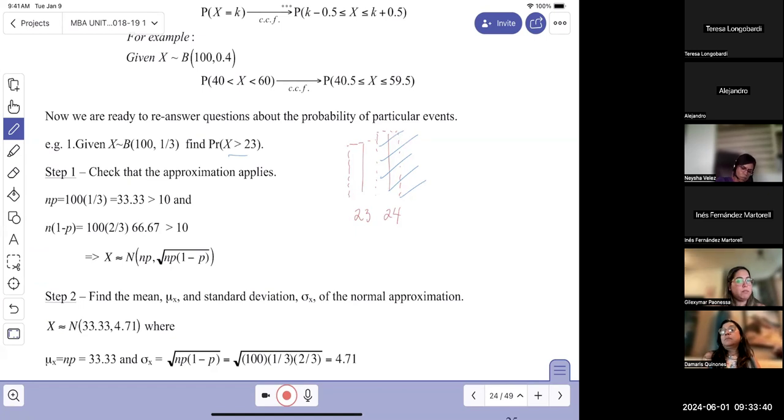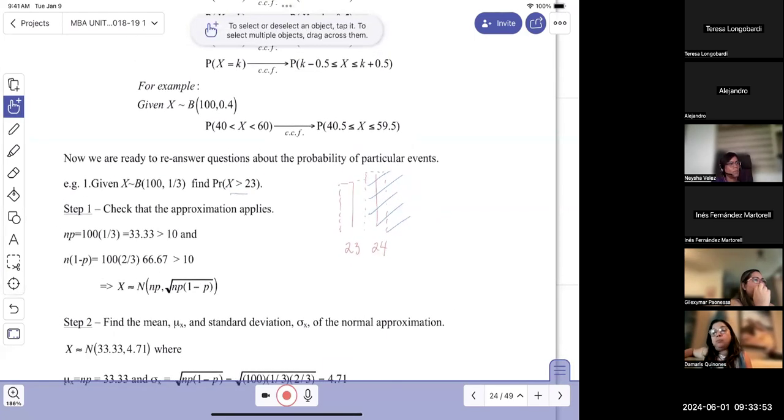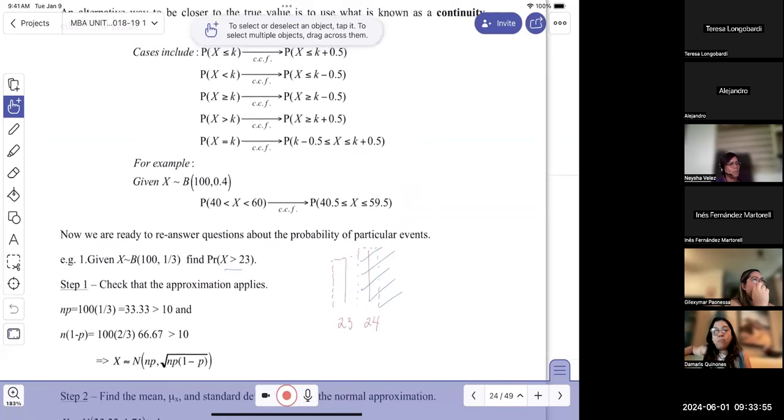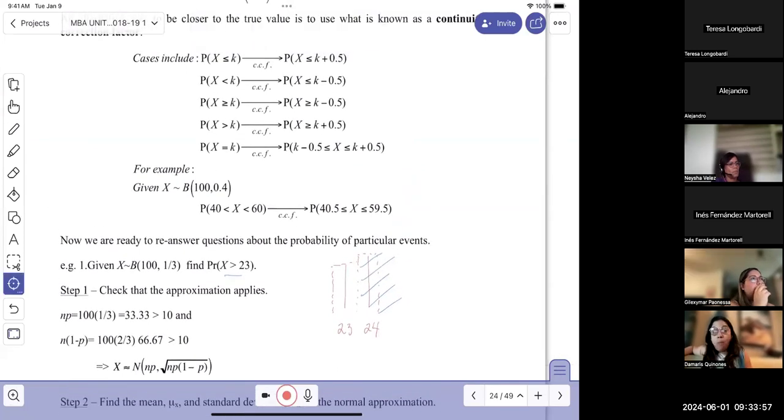So how am I going to write that? I have these different considerations here. If it's greater than 23, I have to start not at 23, I have to start here. What would this number be? What did I tell you about adding the area?